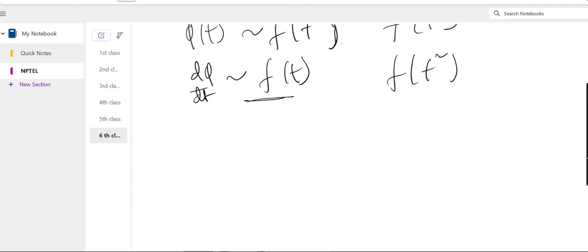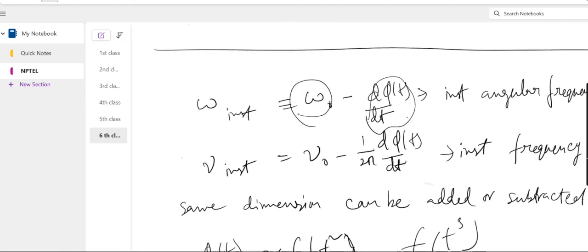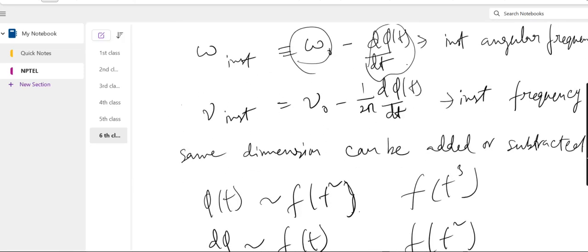And the same for that: if the instantaneous angular frequency is a function of t, then the instantaneous frequency will be the same, because the factor is 2 pi and it will not change t to something else.